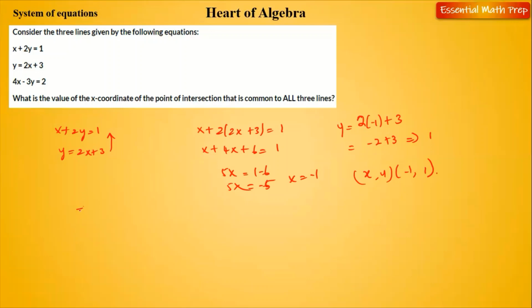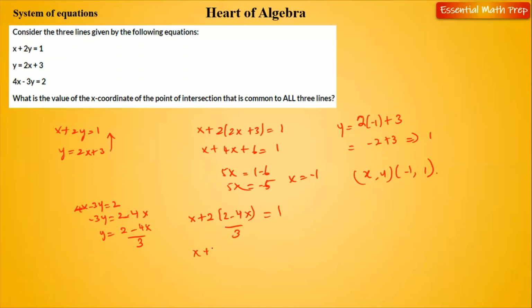So let's take 4x minus 3y equals 2. So negative 3y equals 2 minus 4x. So y equals (2 minus 4x) over 3. Let's substitute that in the expression for x plus 2y equals 1. So x plus 2 times (2 minus 4x) over 3 equals 1.